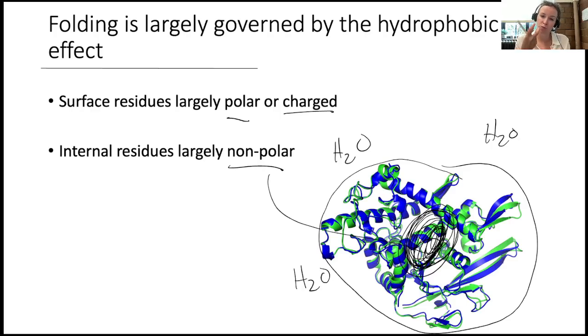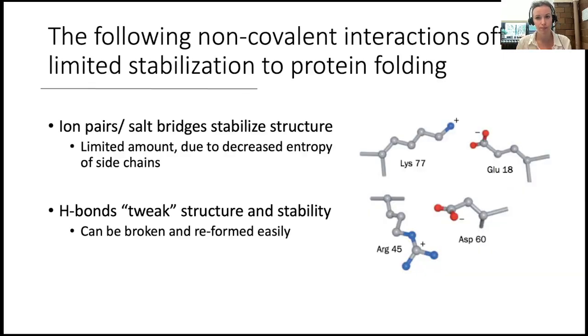So this is what's really motivating and stabilizing this tertiary structure and fold. Now, of course, there are ionic interactions that can help stabilize structure, and there are hydrogen bonding interactions that can stabilize the structure, but they are less important.